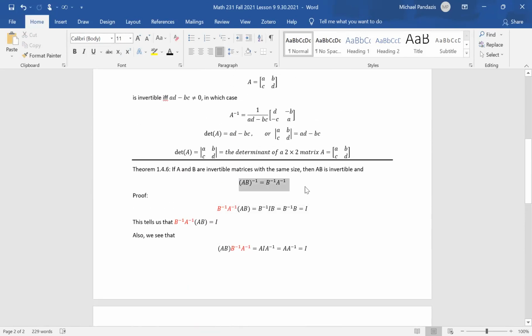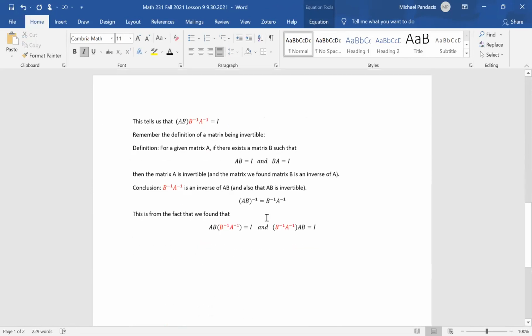That was the theorem. So see that the inverse of a product of matrices is the product of their inverses in reverse order.